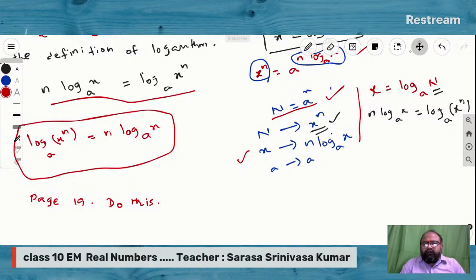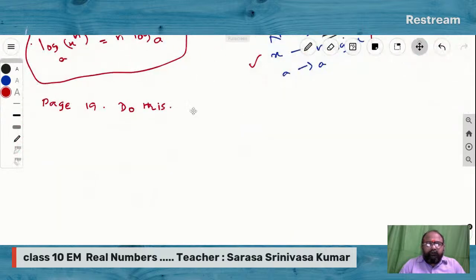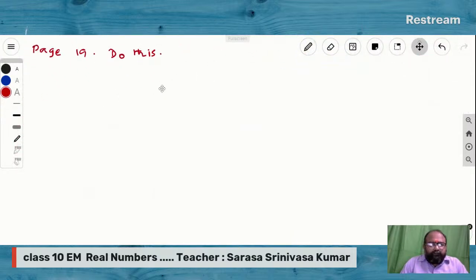Now we solve the problems based on these formulae. Refer page number 19. Do these problems.